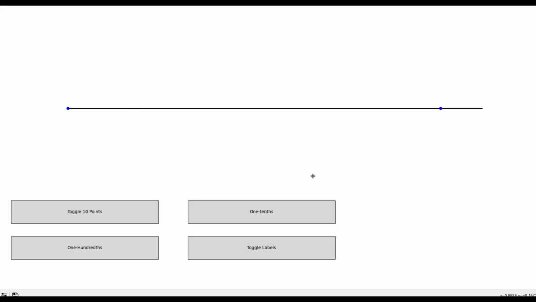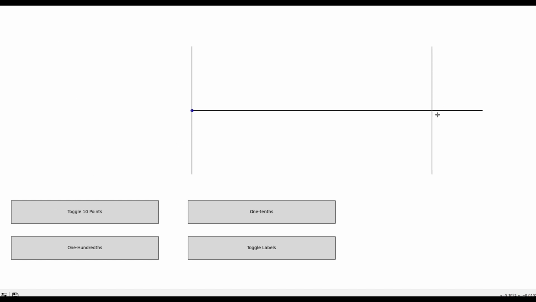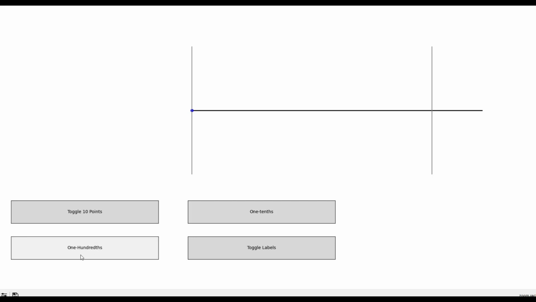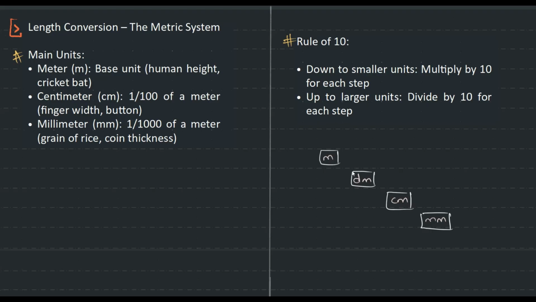So this is 1 decimeter. Further, if I divide it into 10 equal parts, this length is 1 centimeter, and that's what I have written over here. And if I divide a centimeter into 10 equal parts, each of these lengths is a millimeter. Okay guys, that's what I've written over here.